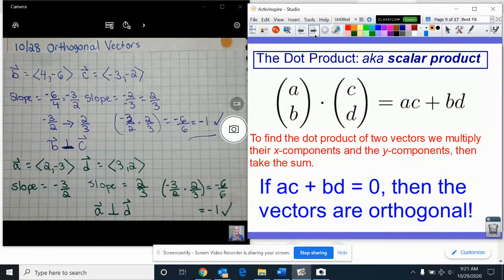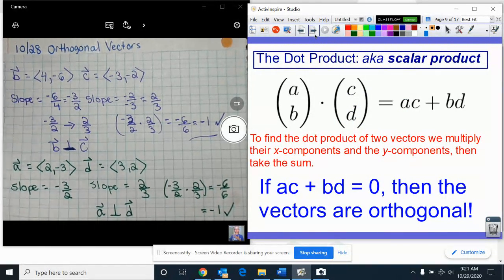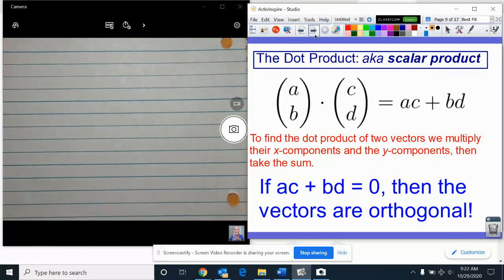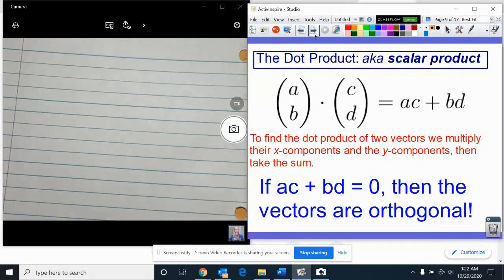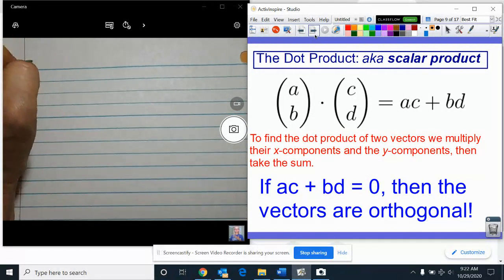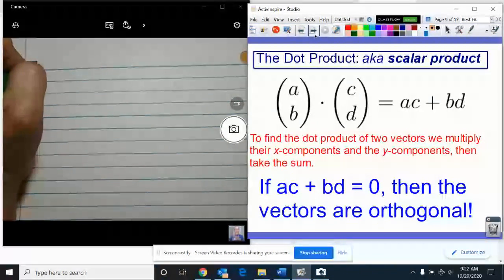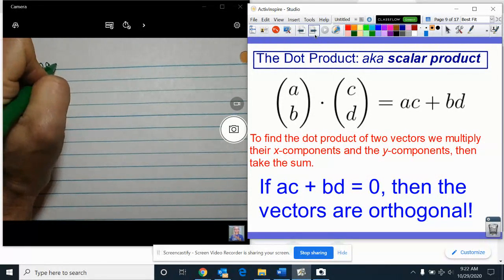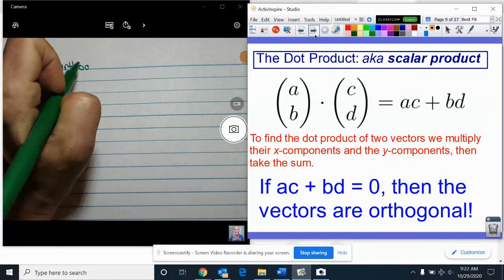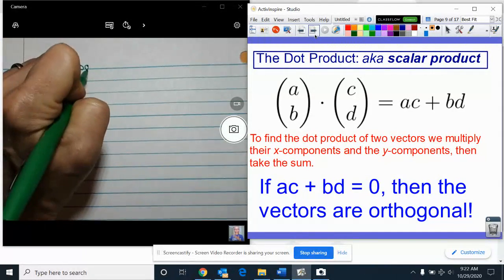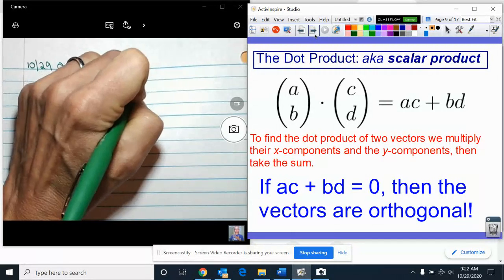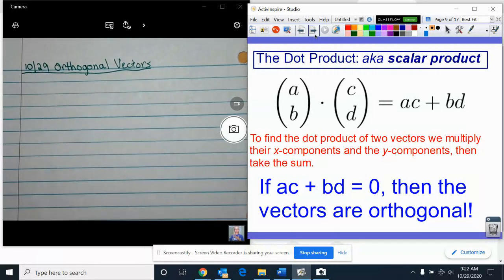This is the relationship of the dot product. The dot product takes the components. So again, here is orthogonal vectors.